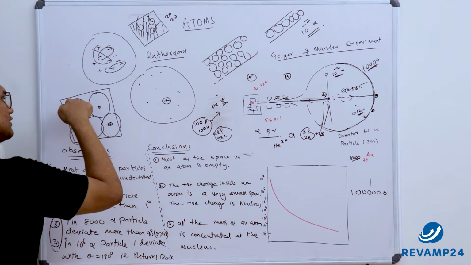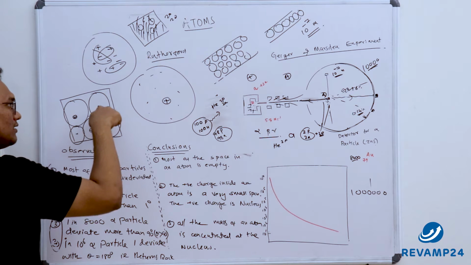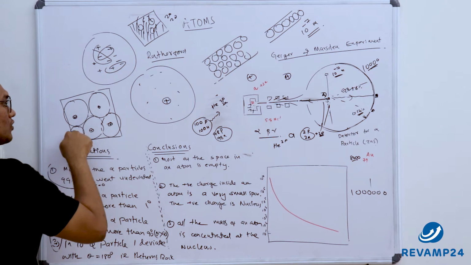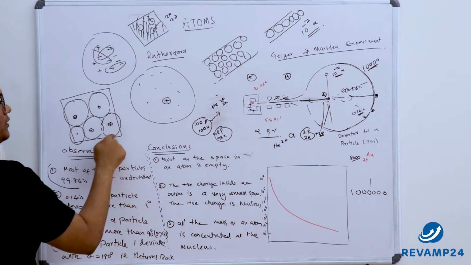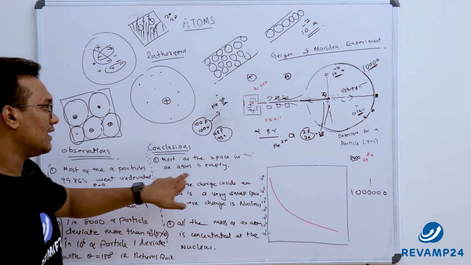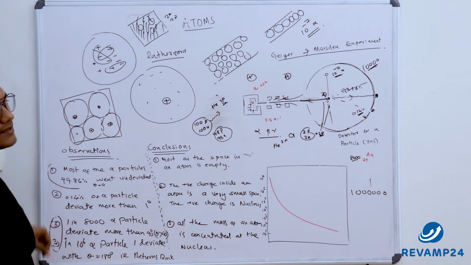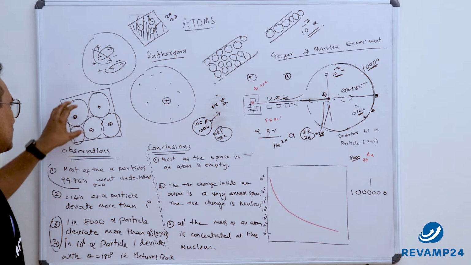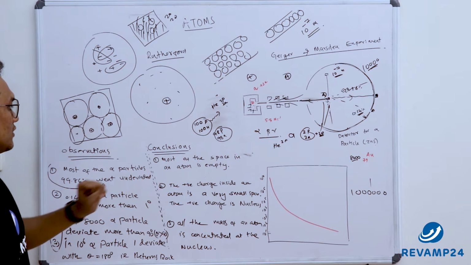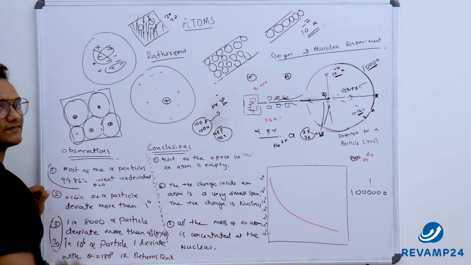But if the alpha particle goes in this way, no deviation, no deviation, no deviation. You will get a lot of points where there won't be any deviation. So that is the first conclusion. Most of the space in an atom is empty. Let's say this is an atom and the majority of the space is empty space. Okay, now we have a positive charge here.